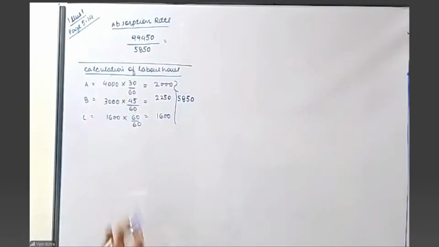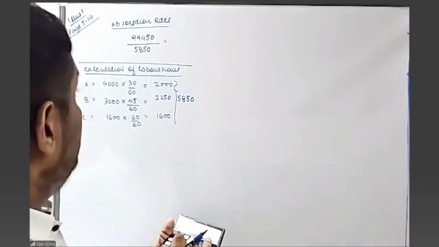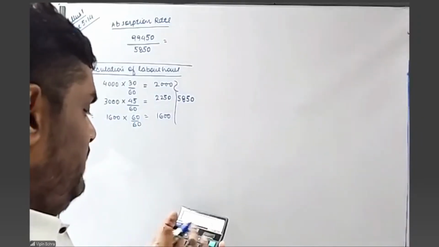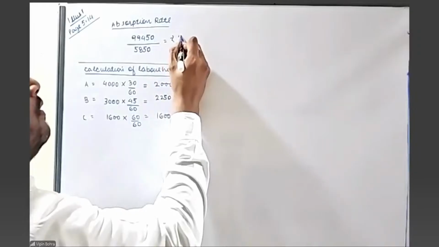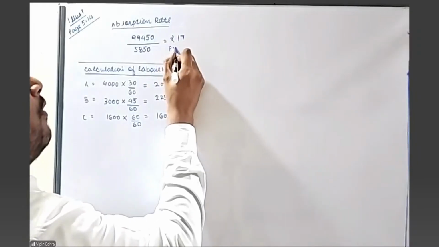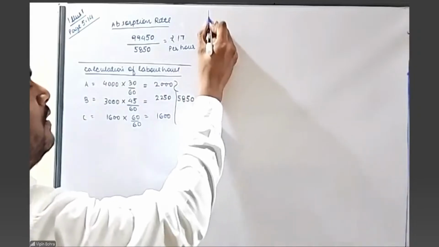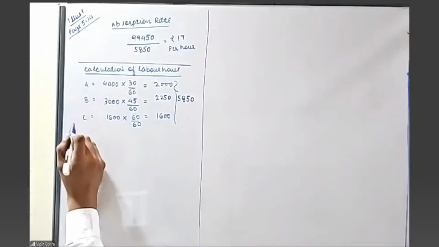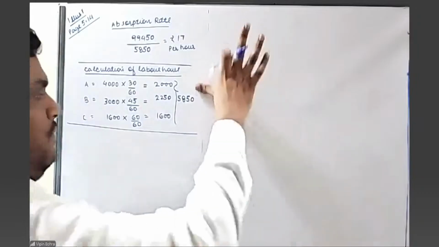So we will get the absorption rate: 99,450 divided by 5,850. So this will be in rupees. So we are done with the calculation of absorption rate.